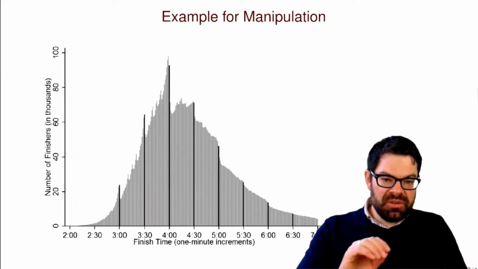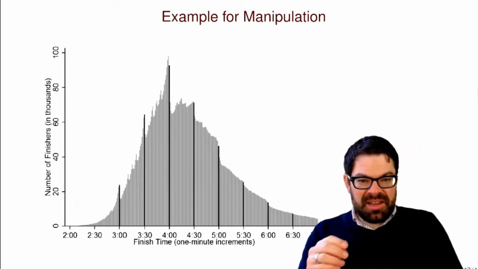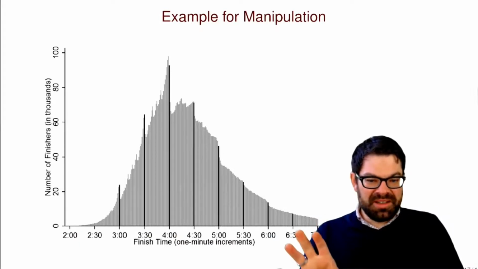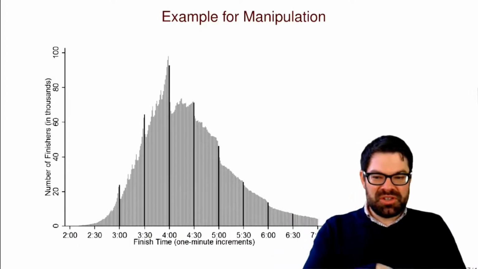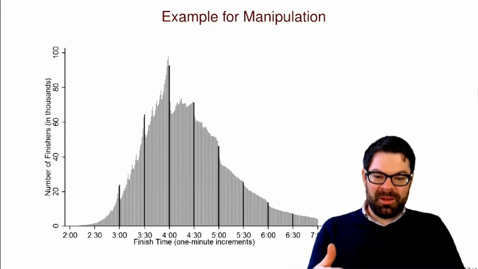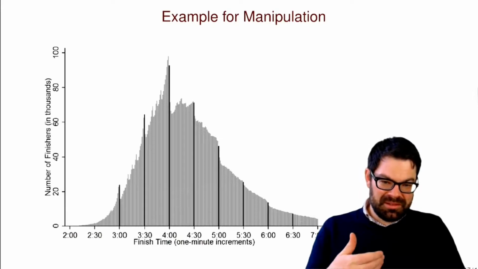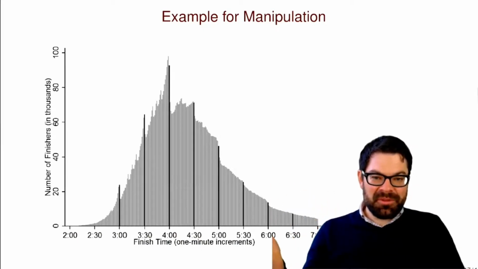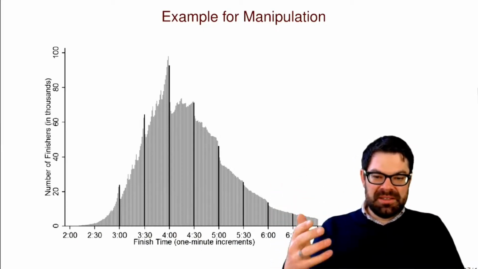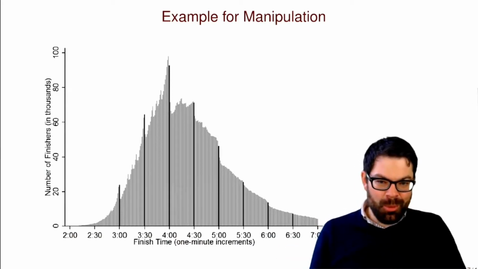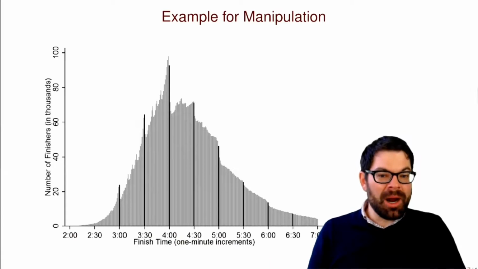Now, I'm just going to show you here how to detect manipulation. The first and most important technique is eyeballing. You just plot out the density of either the outcome variable or the treatment variable. So here these are finishing times in the marathon, and there is obviously this huge achievement attached to being under 3 hours or under 3:30 or under 4 hours.